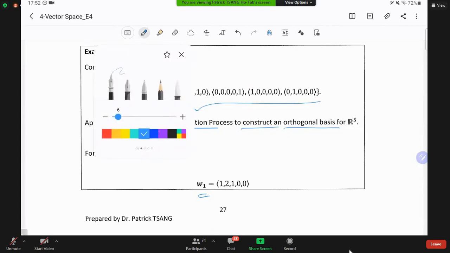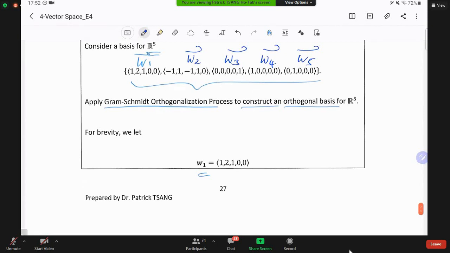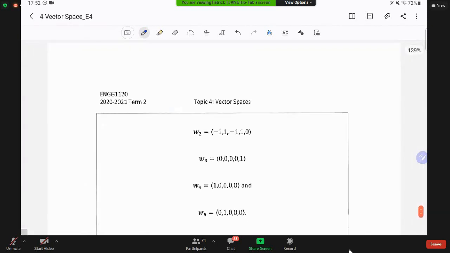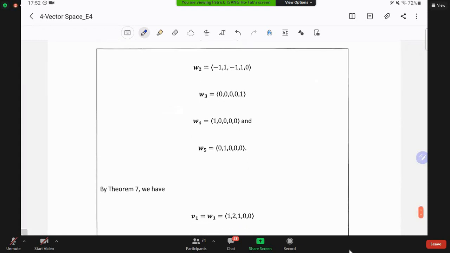I use a sharper color. You can see W2, W3, W4, W5. Just follow the idea from Theorem 7. For the initial basis, W1, W2 until the last one, W5, are the vectors inside the initial basis. I also put it down in the notes. You can see why we call them W1, W2. Now I would like to apply Theorem 7.